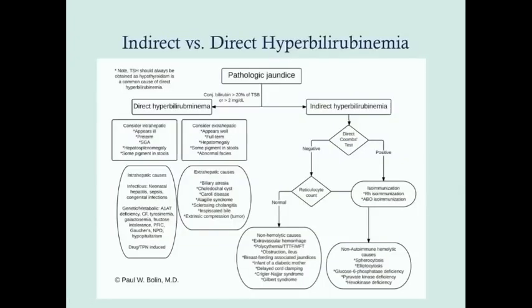Now, one of the most important things that you're going to be responsible for knowing as far as jaundice goes is determining whether it is a direct or indirect hyperbilirubinemia, and then from there, particularly for the indirect hyperbilirubinemias, coming up with a diagnosis. So when you're talking about the direct hyperbilirubinemia, you really have to go on the history, on any additional symptoms that might be present.